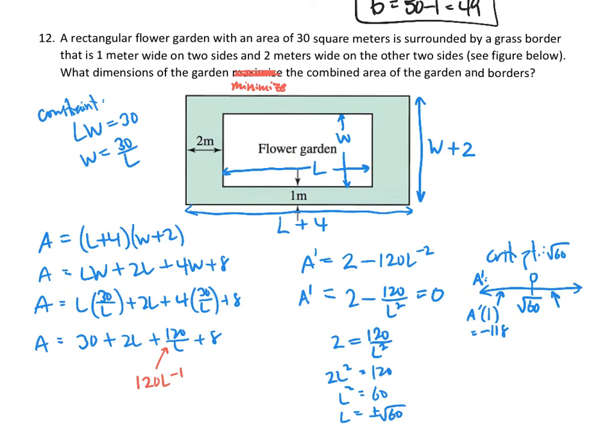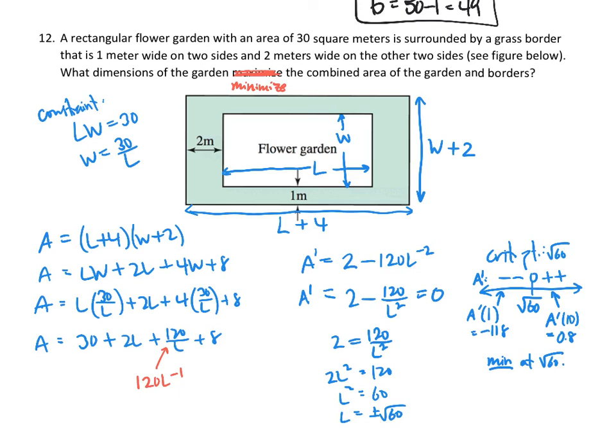And something bigger than the square root of 60. The square root of 60, if we throw that on our calculators, is about 7.7, so let's try 10. So A prime of 10 works out to be positive 0.8. So what we see is that my A prime changes from negative to positive, which is what we would be looking for with the first derivative test, which tells us that we have a minimum.